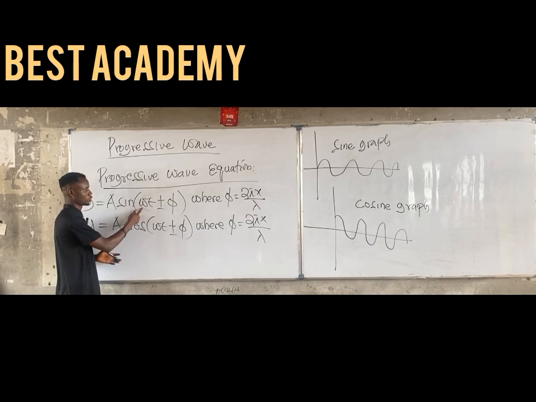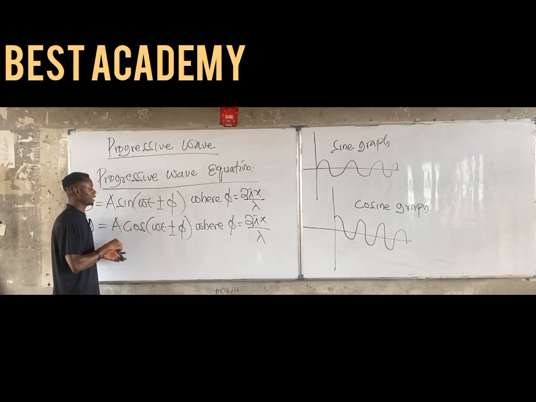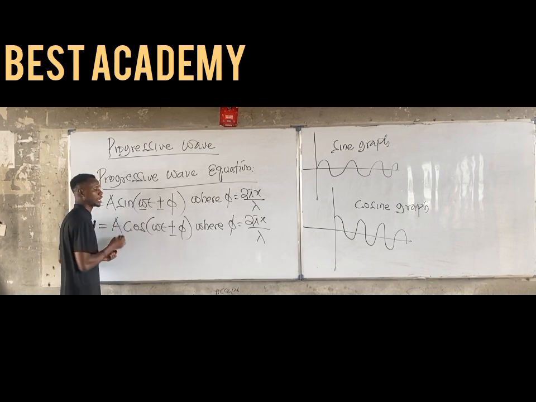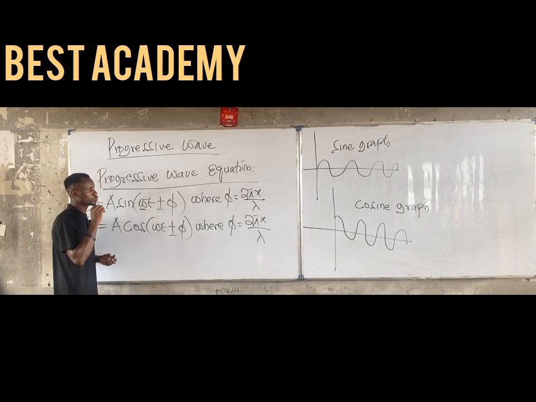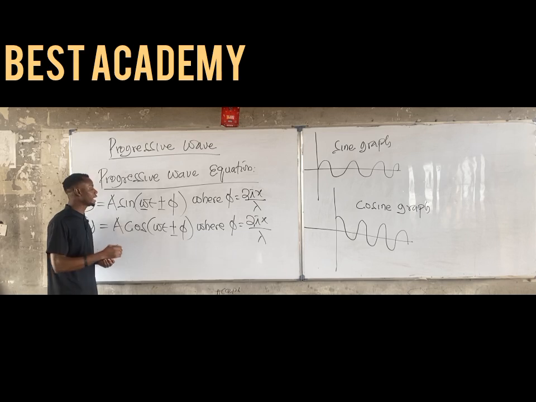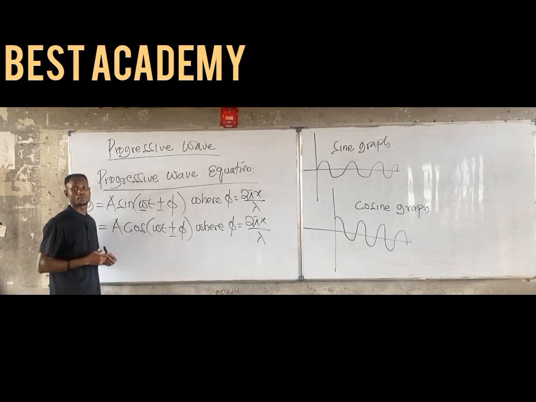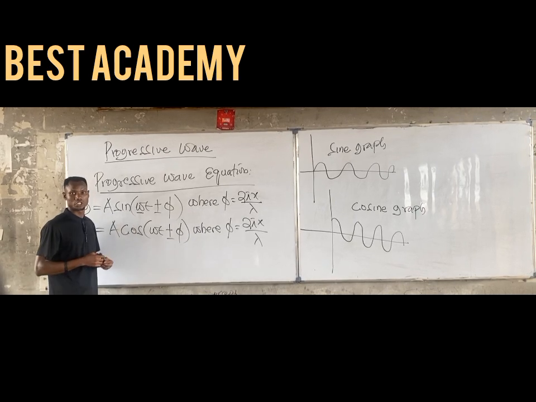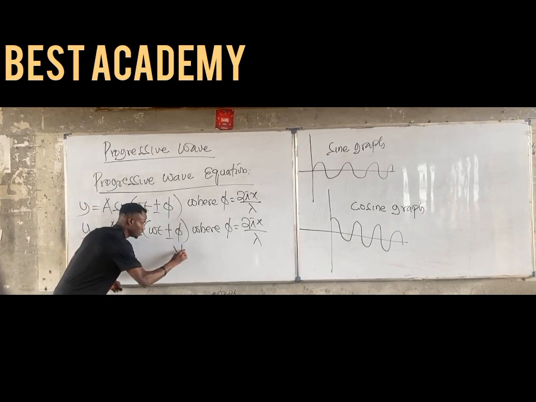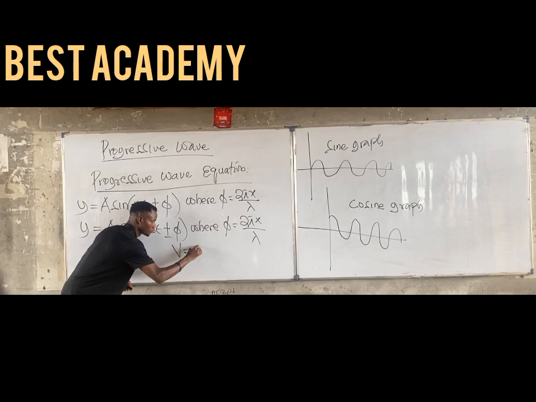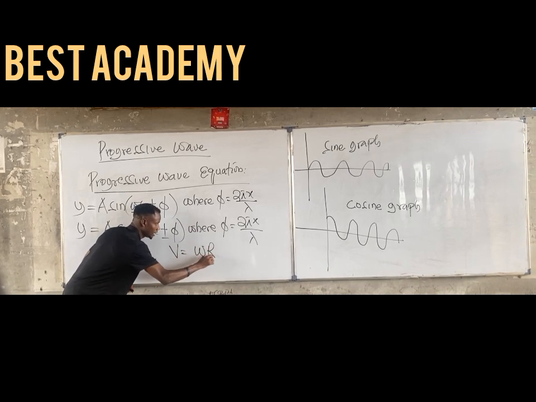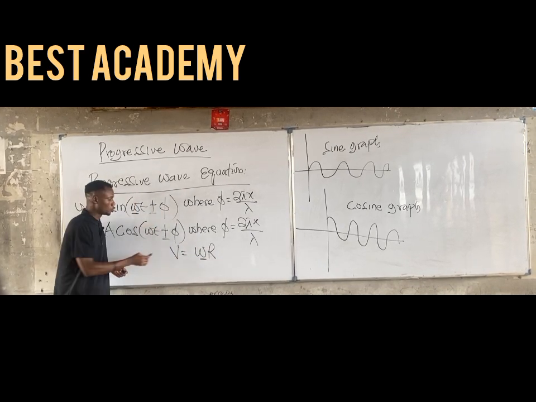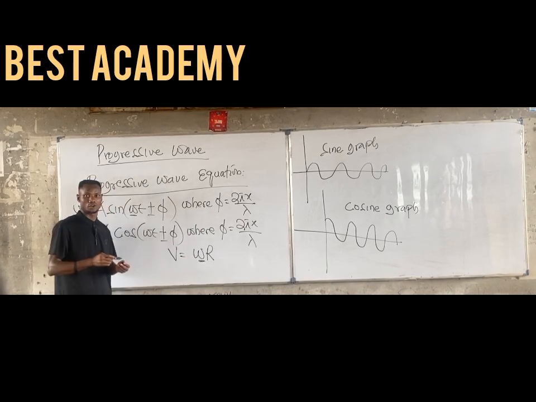This omega here, listen to me. Whenever you are comparing omega, at this point it is said to be angular frequency. But this is what you should know about omega. Omega takes the place of what you are comparing it with, or relating it with. If you are relating omega with velocity, that is, if I have v is equal to omega r, you will call this omega angular velocity.